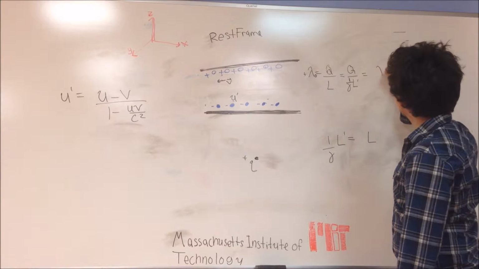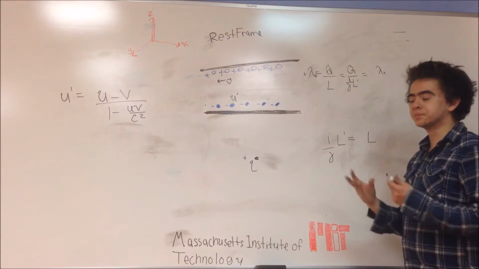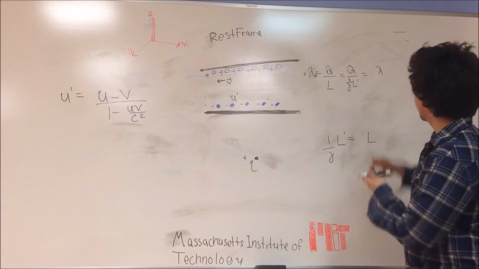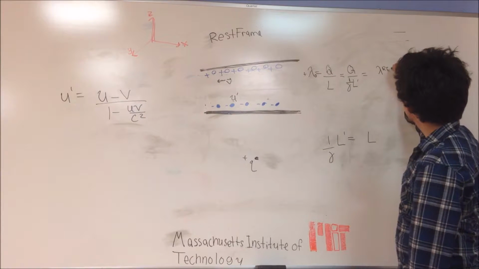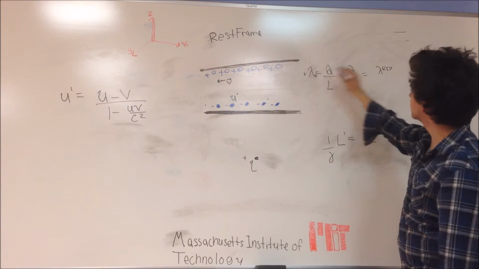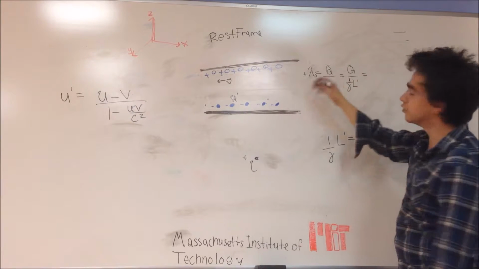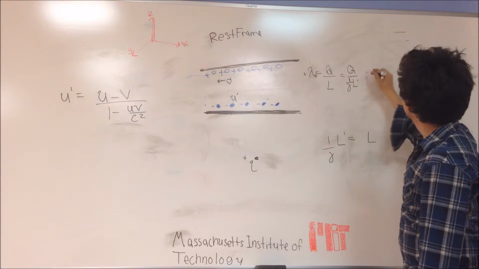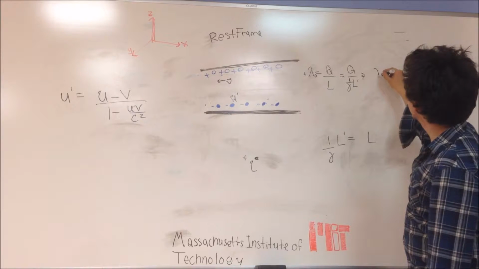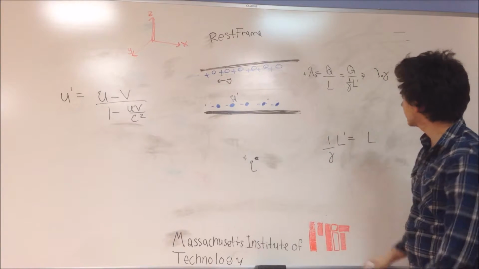This means that the new charge density will be lambda times gamma.